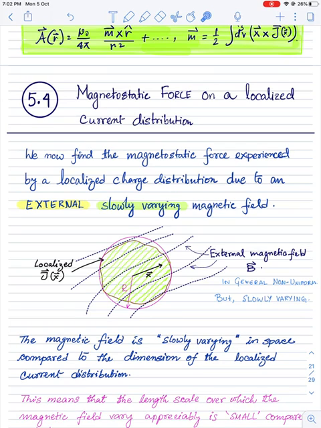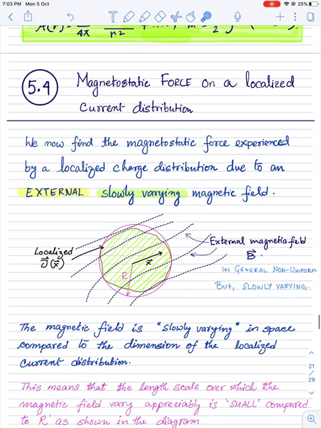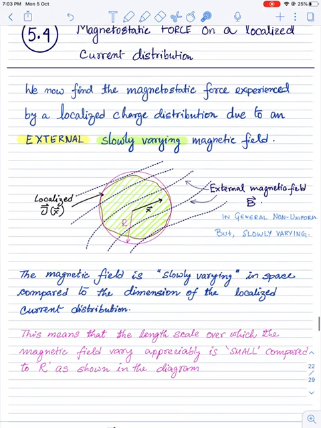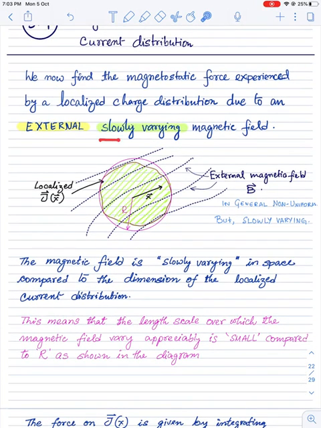The kind of calculation that we are going to do here would be very similar in electrostatics, and you are encouraged to solve that problem. I'll give it to you in your problem sets. But here we'll discuss the magnetostatic force on a localized current carrying distribution, and then we'll leave the corresponding electrostatic problem as an exercise.